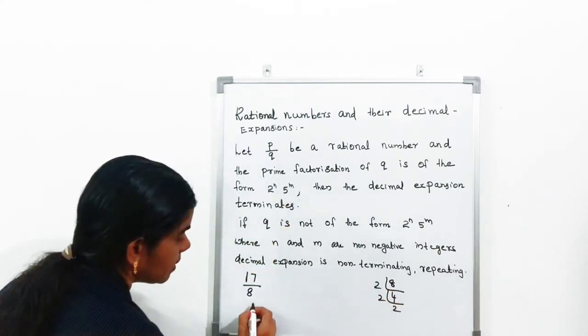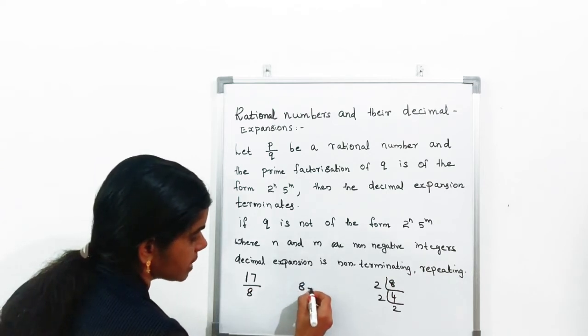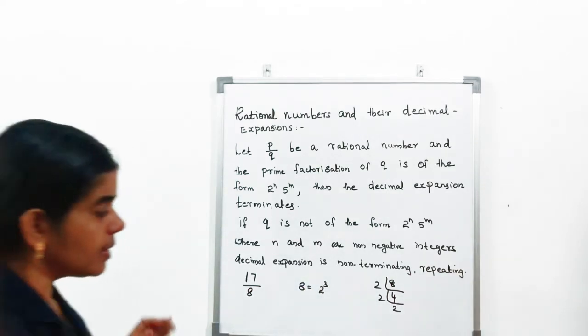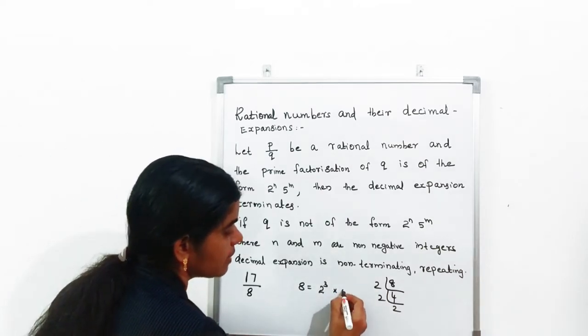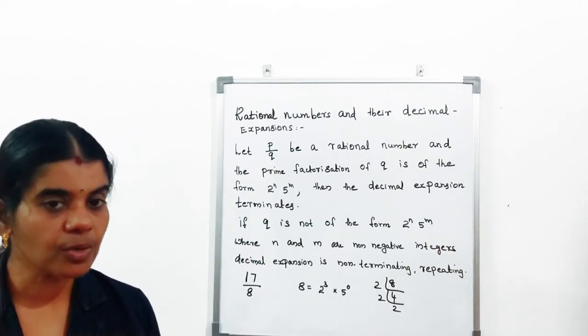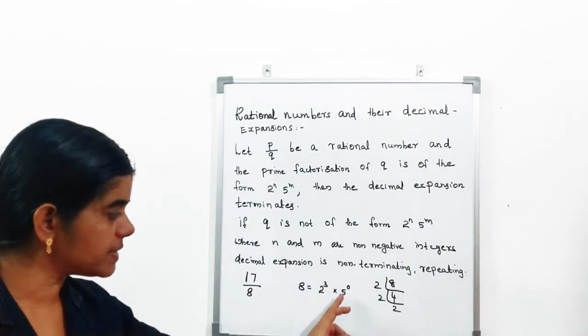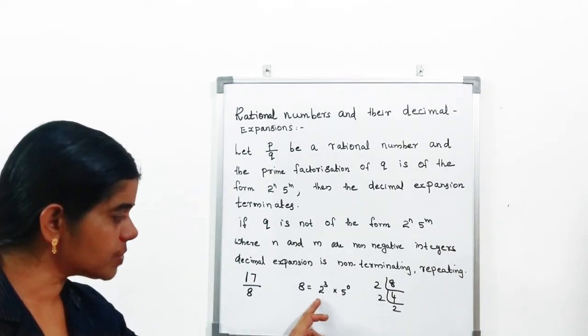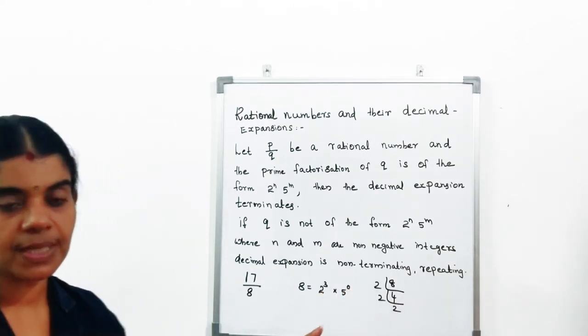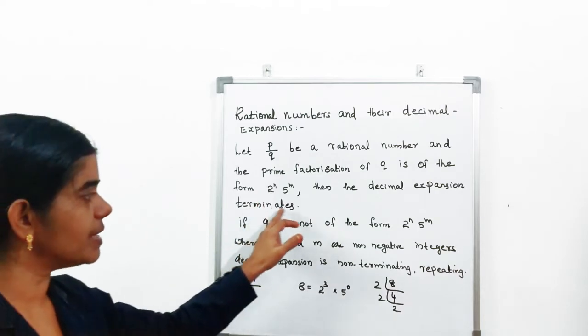That means the denominator 8 is equal to 2 cube. Here 2 only, but we can write this as 5 raised to 0 also. Any number raised to the power 0 is equal to 1. Therefore 5 raised to 0 means 1. Then 2 raised to 3 into 5 raised to 0, that is 2 cube itself. Then this is also a terminating case.